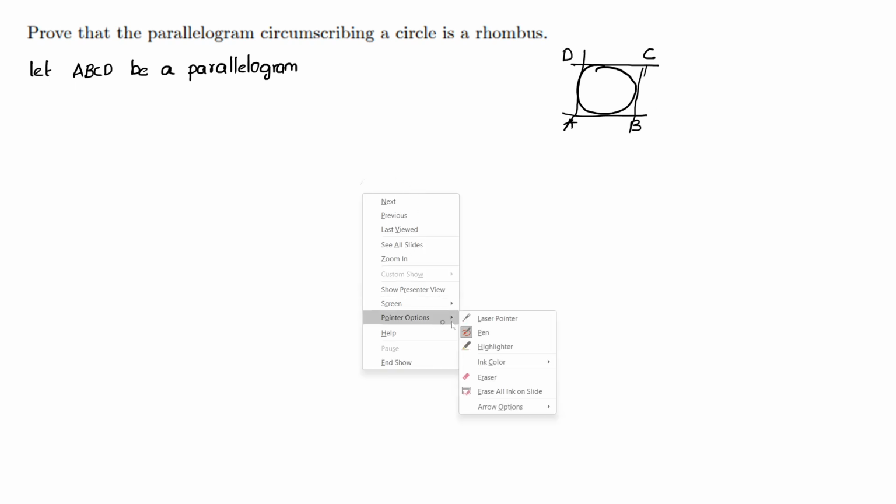Same. Let ABCD be a parallelogram. There is a circle. We have to prove that this ABCD is a rhombus. Now it is touching at different points, so let me draw with another color.